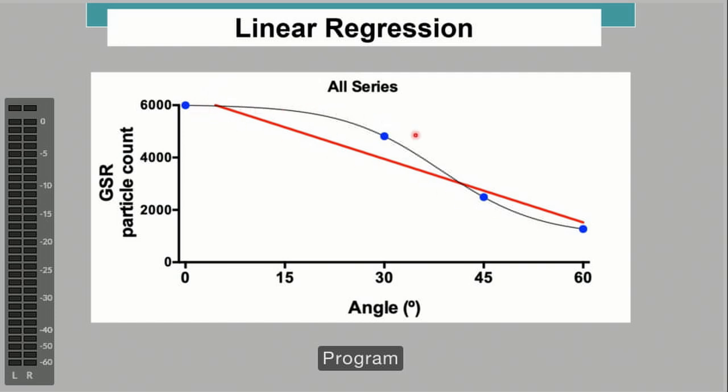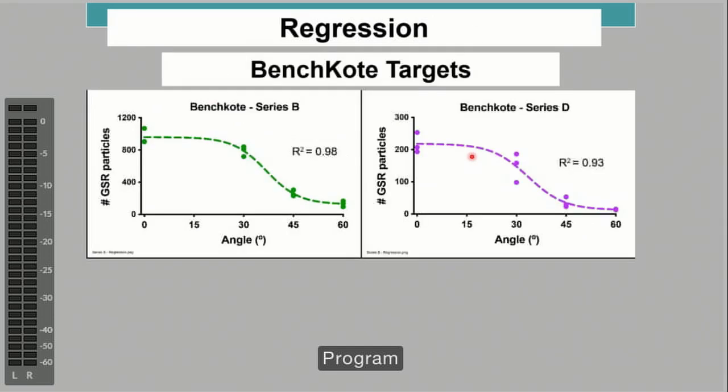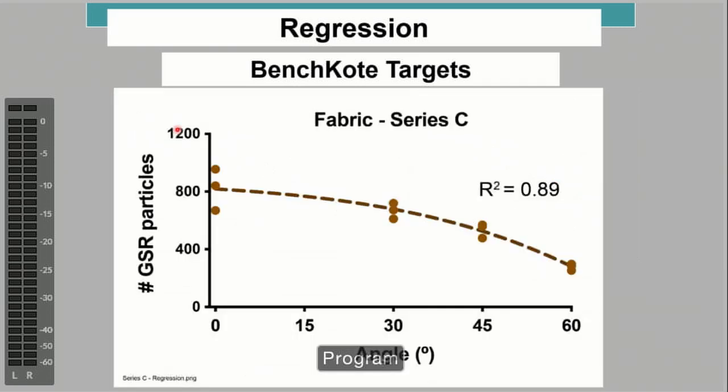But it did come out very well, for whatever reason, where we have a sigmoidal relationship with this shape. And I have sort of a theory why that is the case. And this is on the bench coat targets. And then when you look at the fabric targets, they're similar. And we got very good, I'm going to go back one.